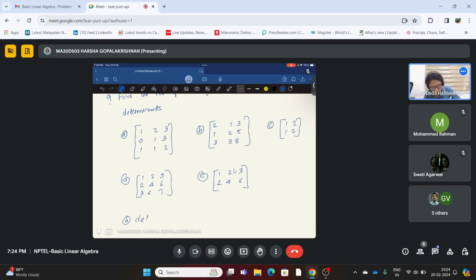A has non-zero determinant, so rank equals 3. Now what about the B matrix?